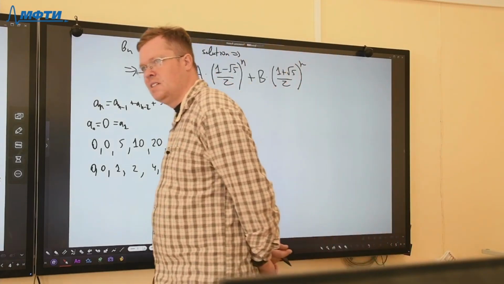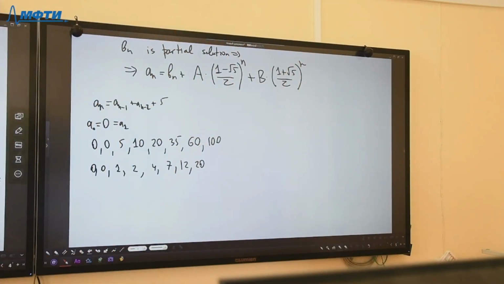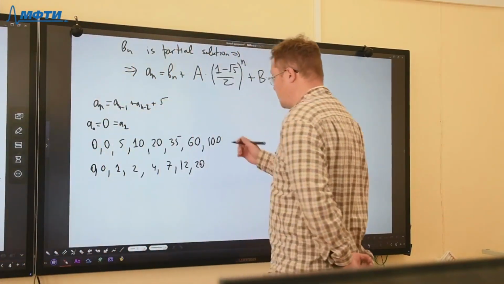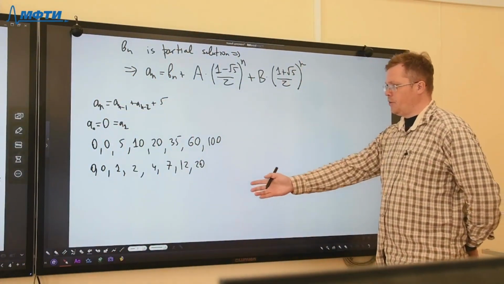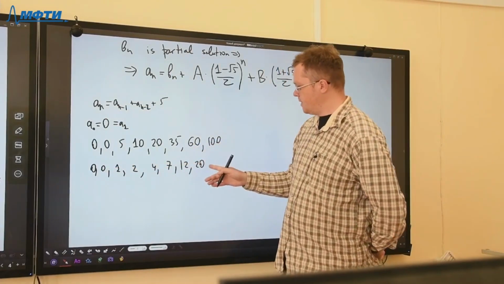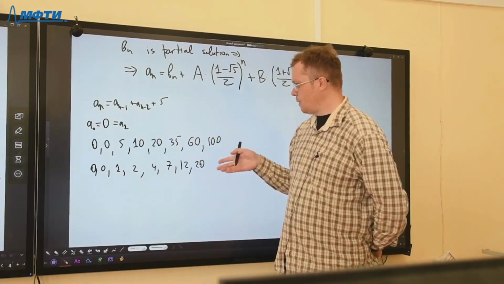Is a_n equal to a_{n-1} plus a_{n-2} plus 1? Yeah, of course. I just divided this all by 5 because if we can find this sequence, then we can find this sequence by multiplying by 5.